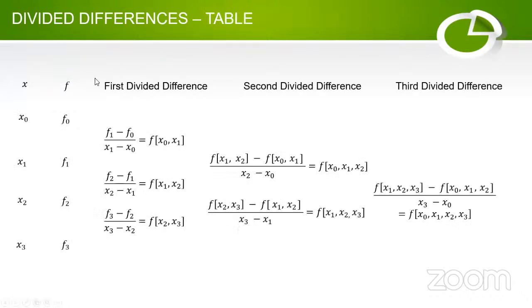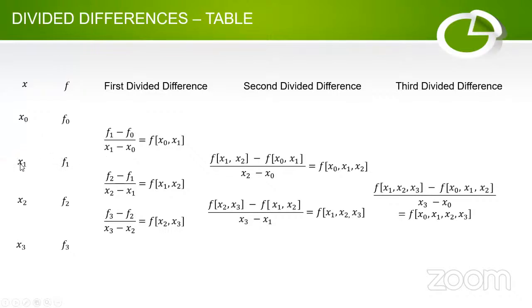But I also want us to look at this table. This table is meant to make our work very easy. It is called the divided difference table. Looking at this table, this x and f, these are our xi's and fi's. This table is for a third degree polynomial, so that is 4 data points.